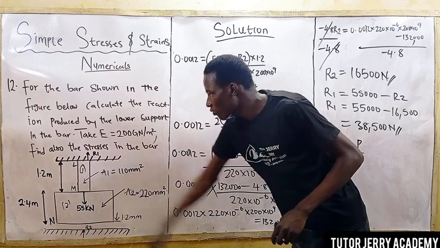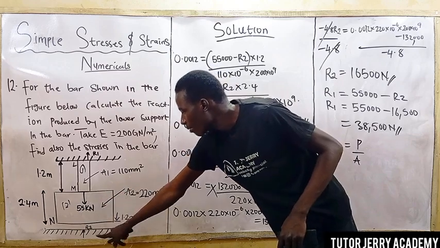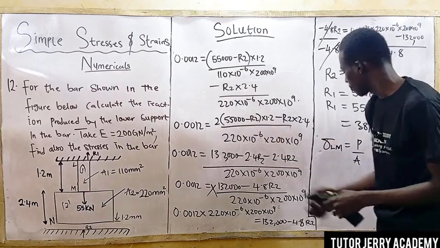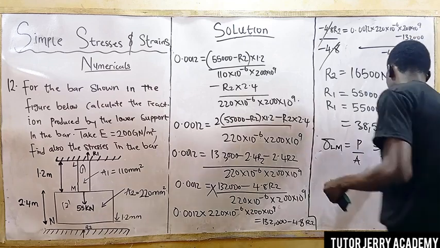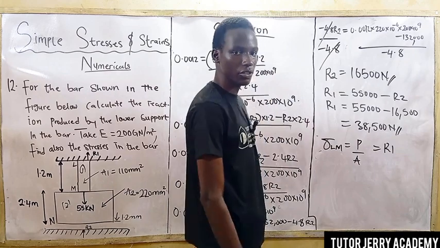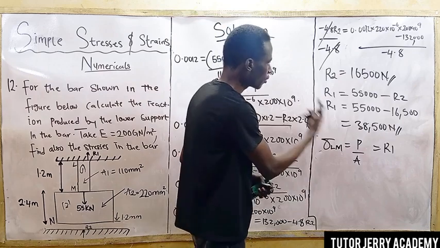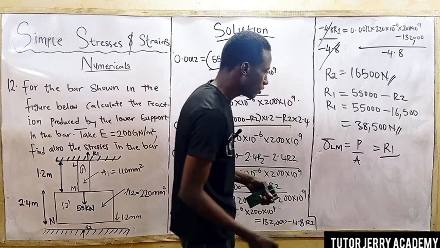So our P here for the first section will be nothing but R1. You can check our previous two-body diagram if you want to understand this better.